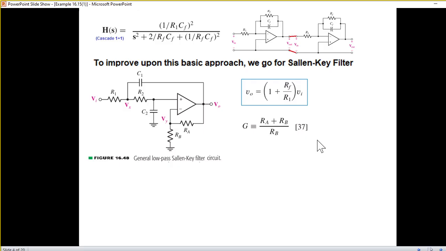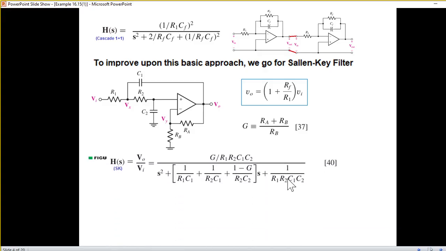This is our equation number 37 in the book. Now, this has been derived in one of my previous video. I'll not go into the details, but the transfer function for this filter will look like this as shown here. You can also see the book. This is how it has been derived in the book.